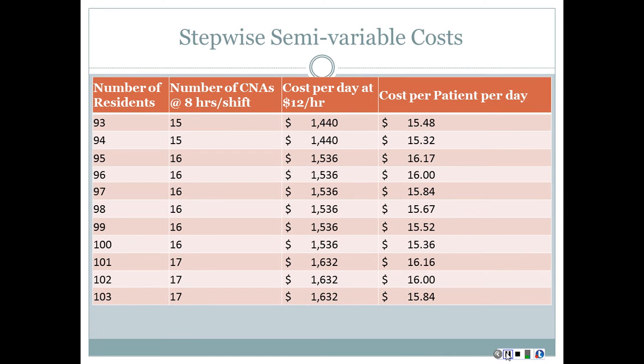So there are times when it's in a stepwise fashion like this that we need to manage our census carefully so that we don't put the organization in jeopardy by adding that one more resident if they're at that threshold of having to bump up the number of staff needed to care for them, or some other costs that might be affected in a similar stepwise fashion.